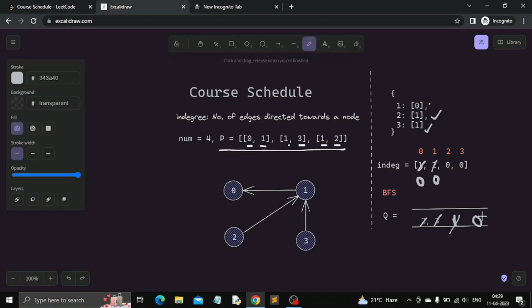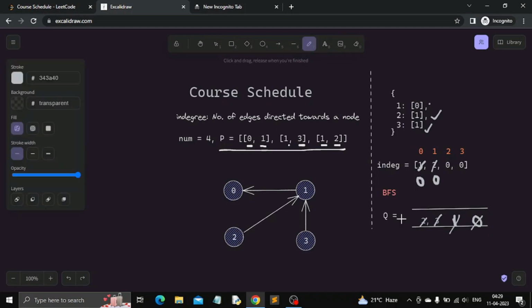We are having course 0 in our queue, so we will pop it out. Again we will check the neighbors of course 0, but in our adjacency list course 0 does not have any neighbor, any outgoing edge, because of which we are done with this course as well.